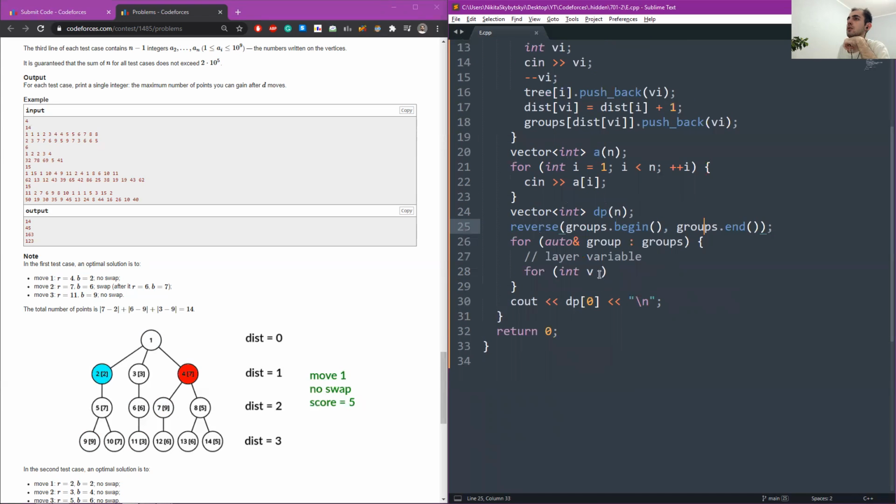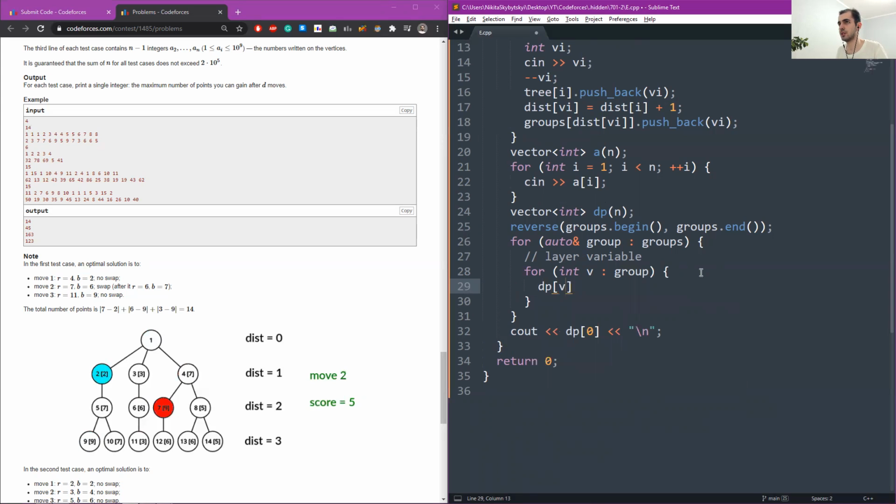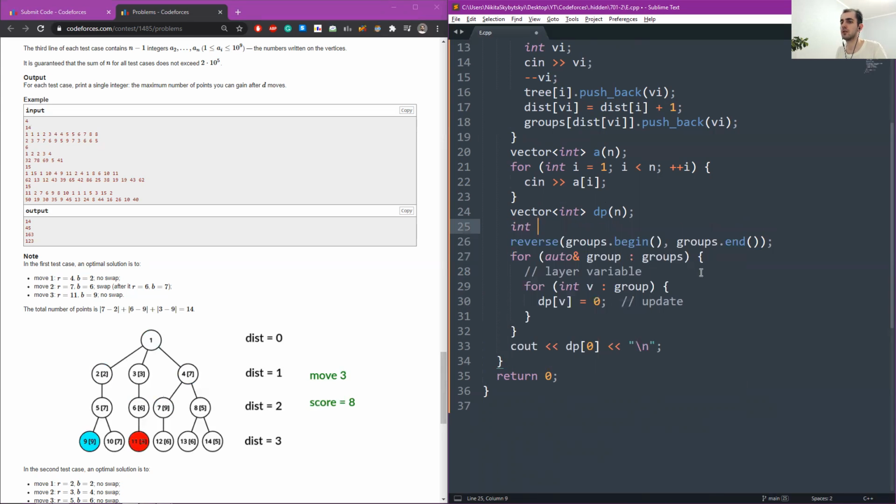Not great. Here you want to somehow update. I'm going to just leave 0 for now, but here you want to actually update. Maybe this layer. New.